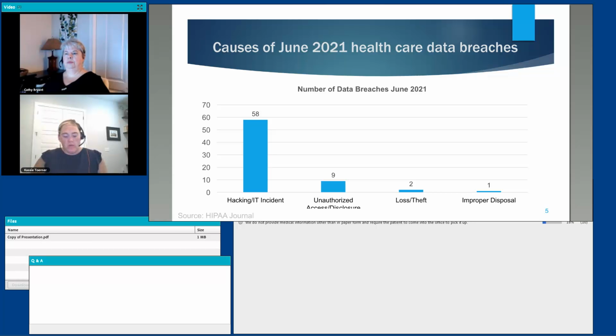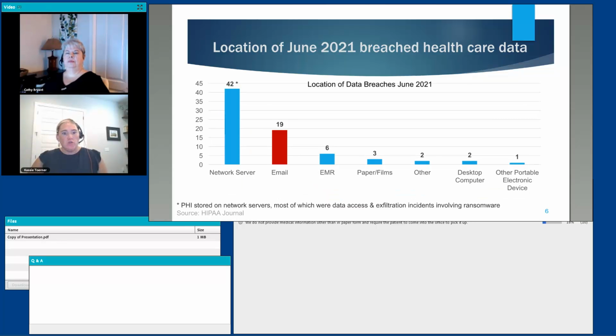And in June alone, there were about 1.2 million records that were either exposed or compromised in some way. We will look here at where these are actually occurring, and you will see that a lot of the breaches are occurring around email. In fact, about 40% or 45% in 2020 had email as the location of the breach.